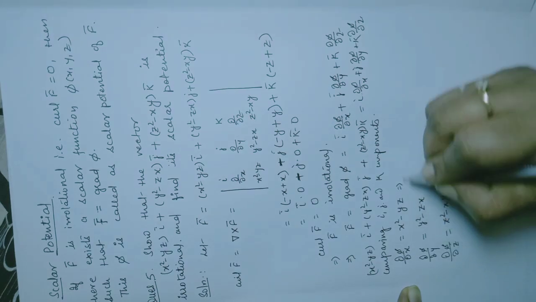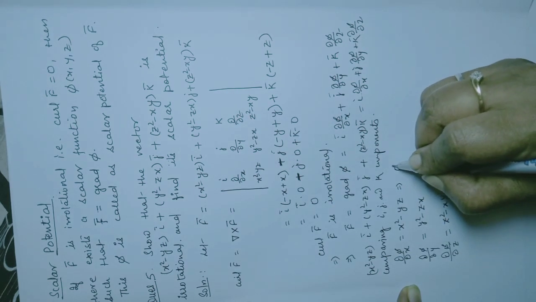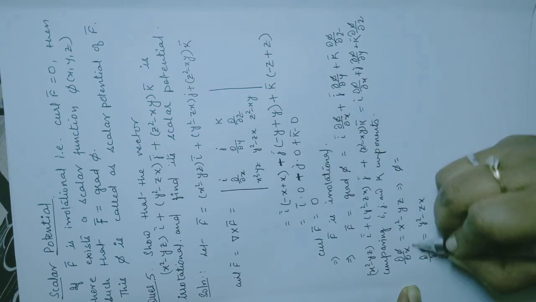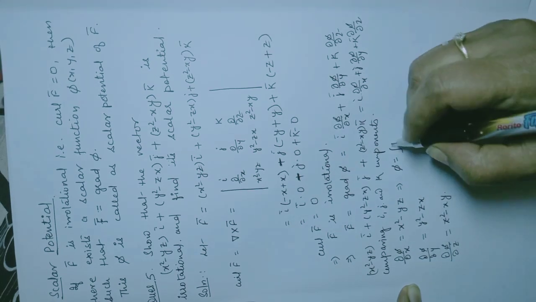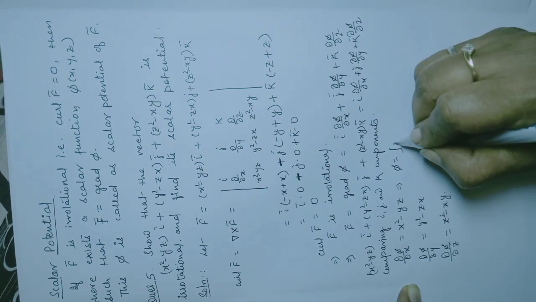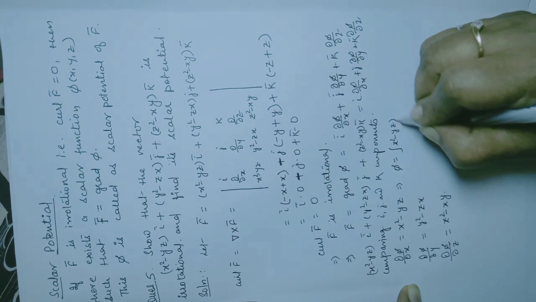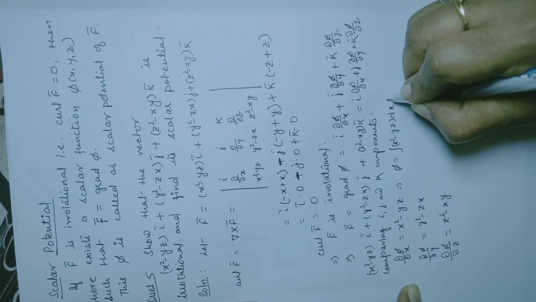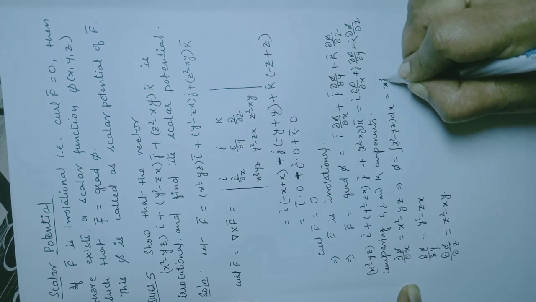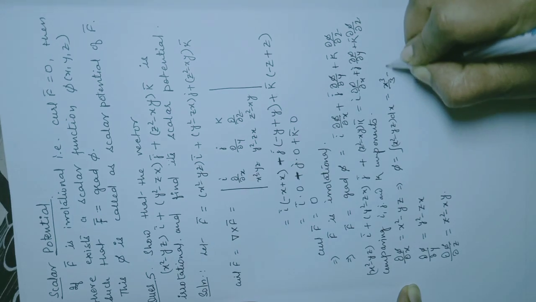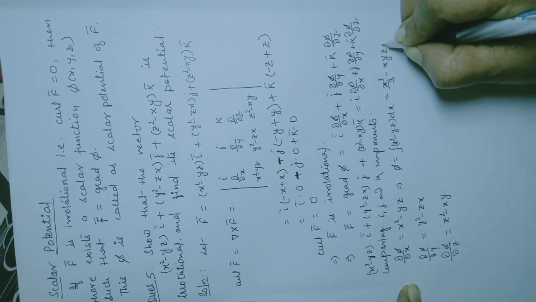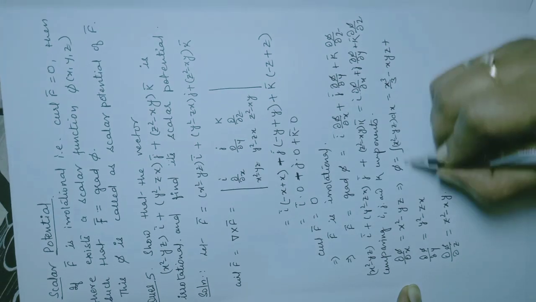Now this is the value of del phi by del x, which implies what will be the value of phi? The value of phi will be the integral of x square minus yz dx, which is nothing but equal to x cube by 3 minus xyz.